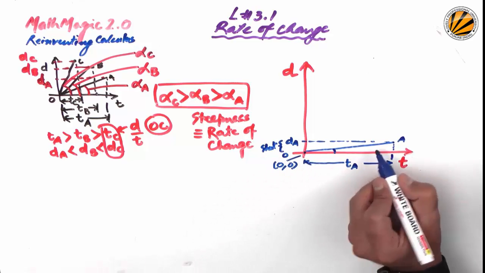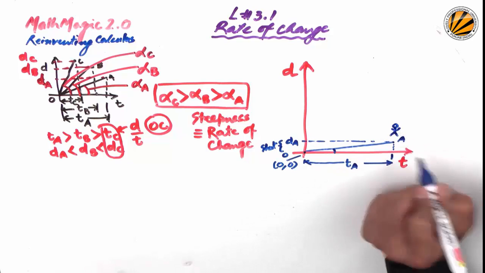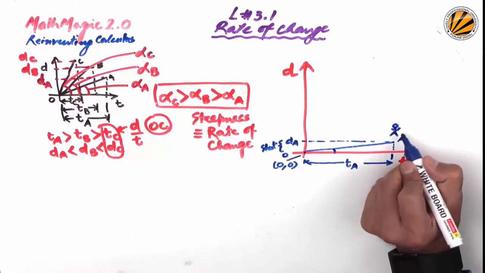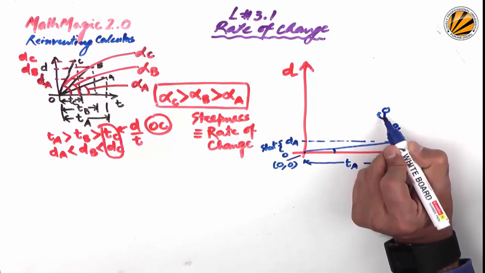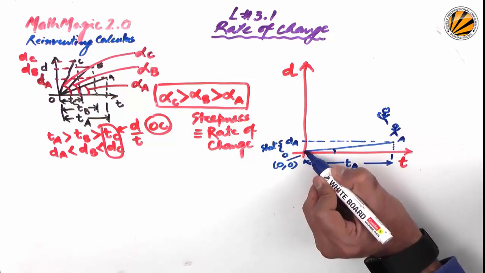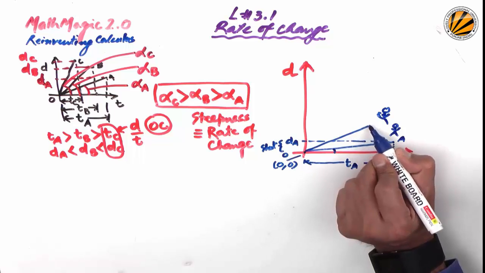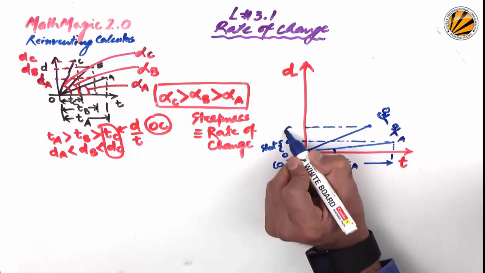Now this can be treated as a person walking. Now if the same person starts jogging in the scenario, what is going to happen is that in a shorter duration of time he will be able to travel more distance.